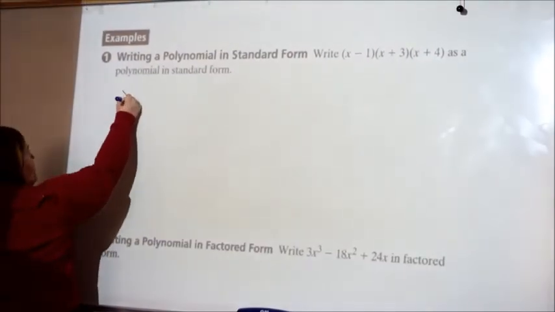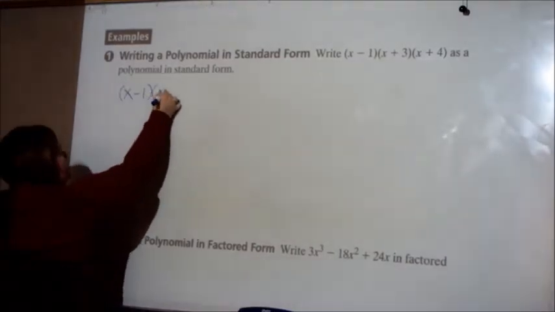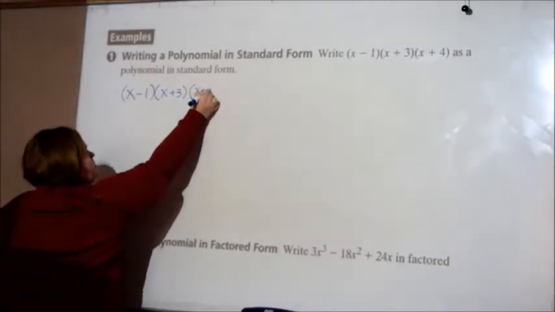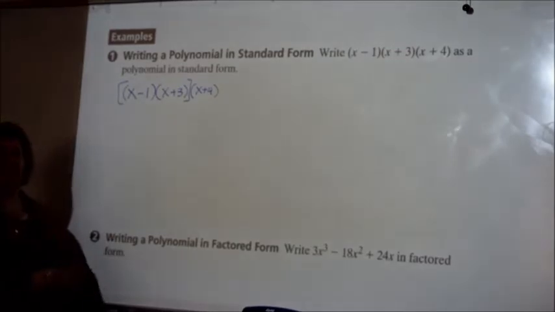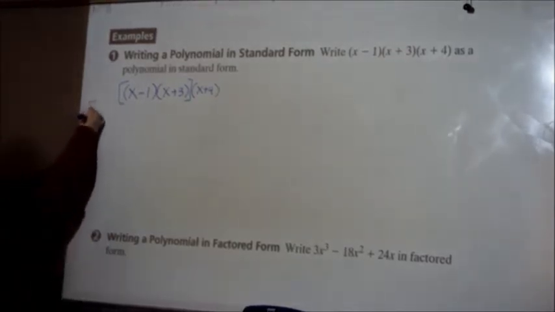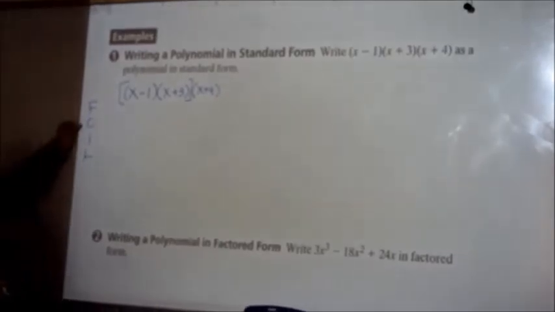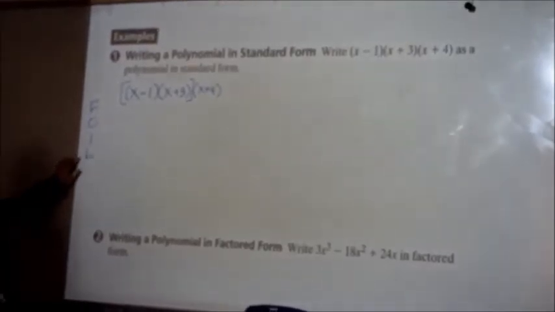So let's split it up and just deal with the first 2 terms first. So we're just going to look at these first 2 terms and we're going to FOIL. Remember, FOIL means first terms, outside terms, inside terms, and last terms.